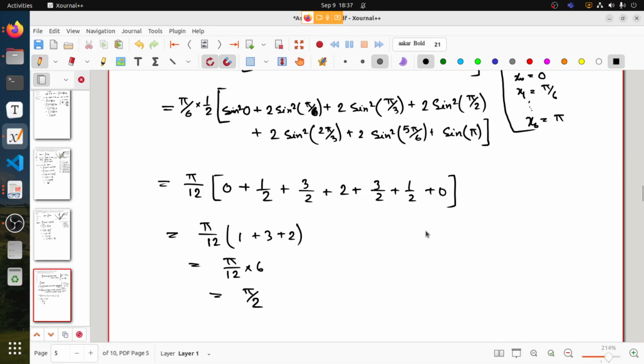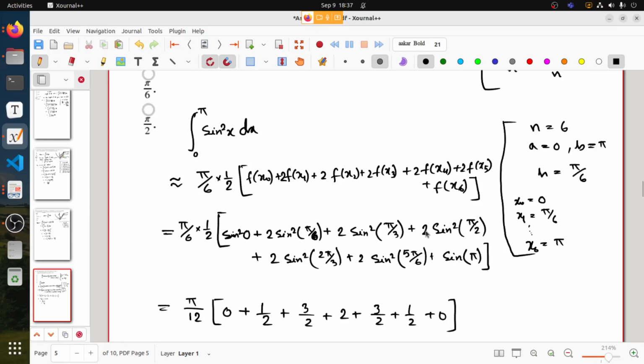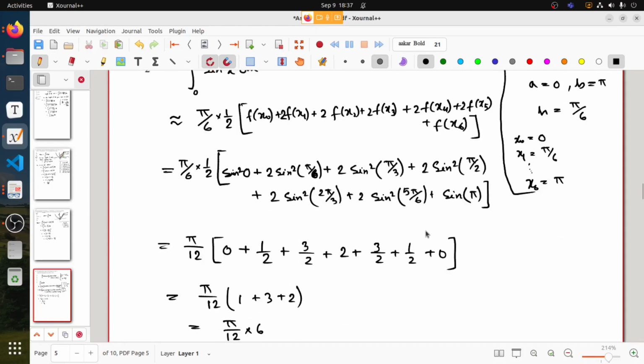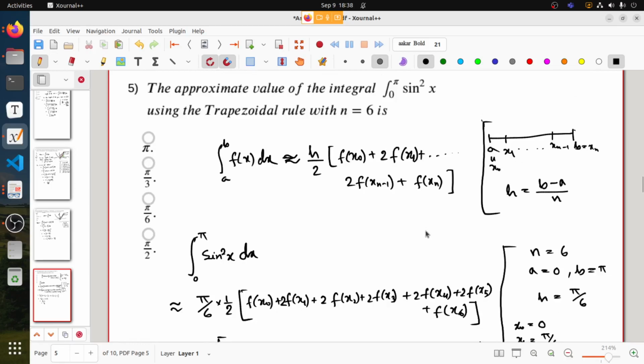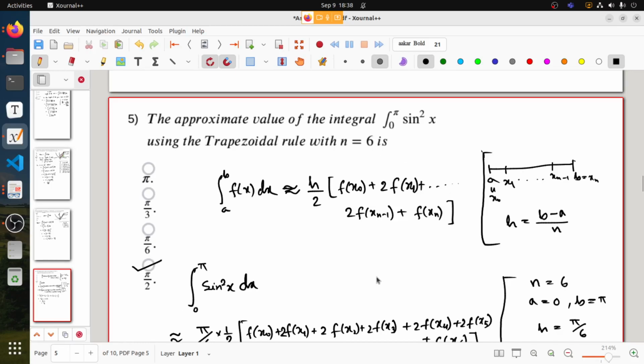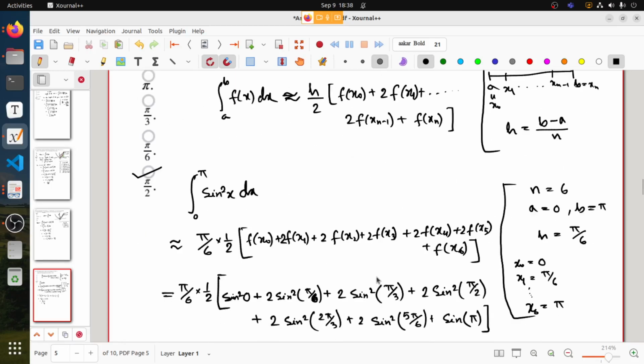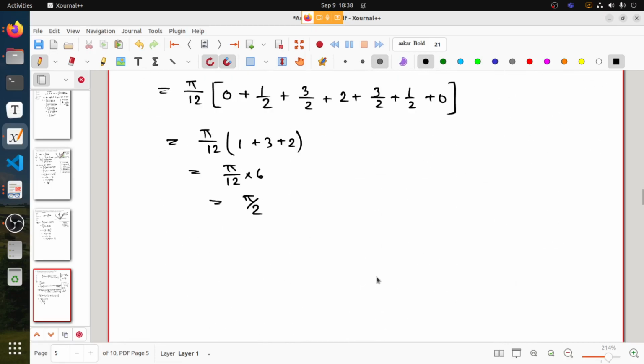So we get this integral approximately equal to pi by 2, right? So the approximate value of this integral is pi by 2. So the fourth option is correct, right? Is this fine? Okay.